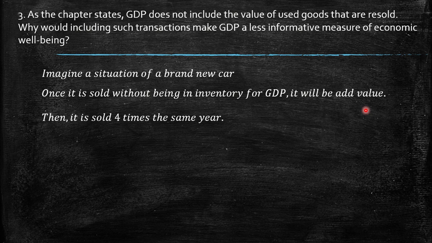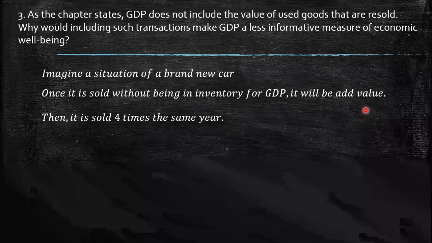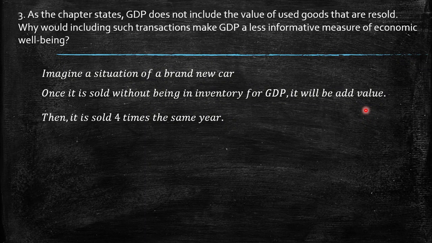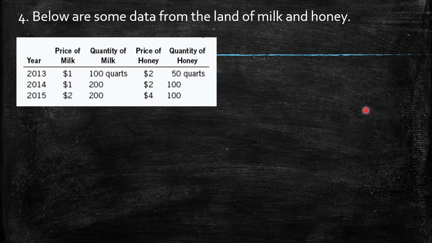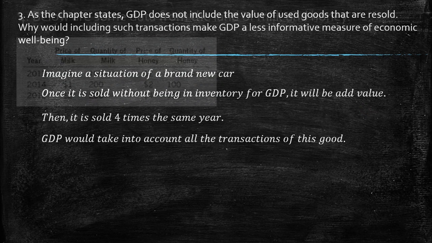Imagine that it is sold 4 times in the same year. If you count each transaction for the GDP, you are counting the same product 4 times. So you are adding value to the GDP that actually does not exist.